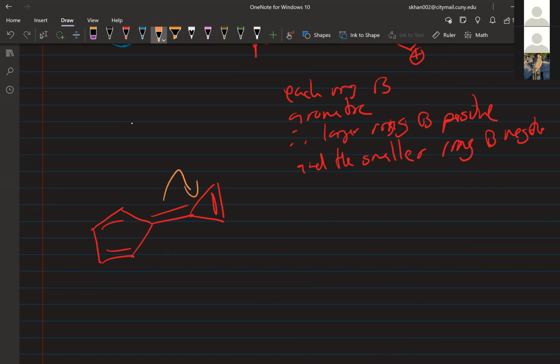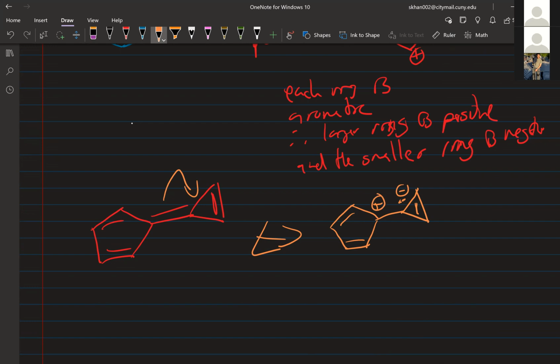If we move this way, we'd have a resonance structure that looks like this. So always go both ways or multiple ways, just to make sure. So then this would be lone pair negative, this would be positive, right?